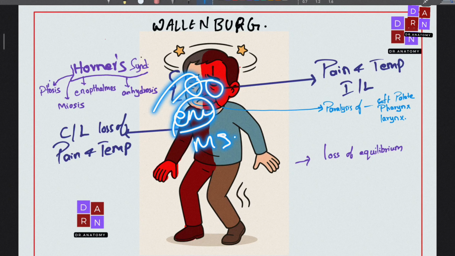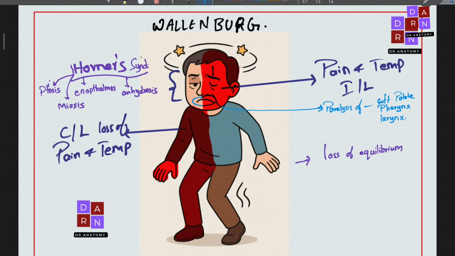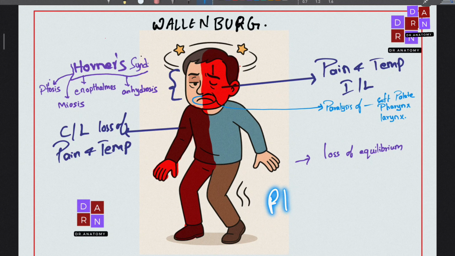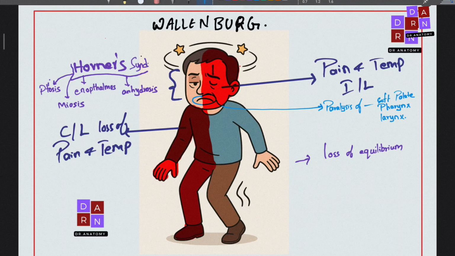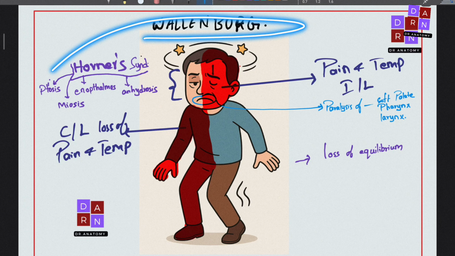This is your Wallenberg syndrome. Wallenberg is nothing but lateral medullary syndrome caused by posterior inferior cerebellar artery blockage.